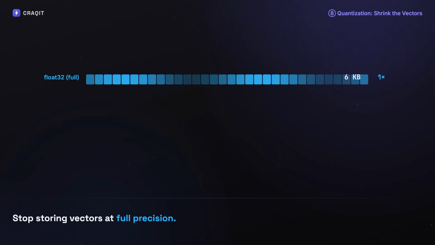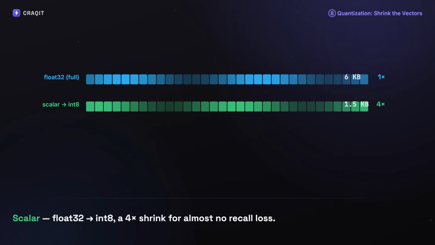Stop storing vectors at full precision. 3 levels, increasingly aggressive. Scalar quantization. Each number in the vector is a 32-bit float. Snap it to an 8-bit integer instead. That's a 4 times shrink for a tiny, often negligible recall hit. The cheap, safe first move most systems make by default.